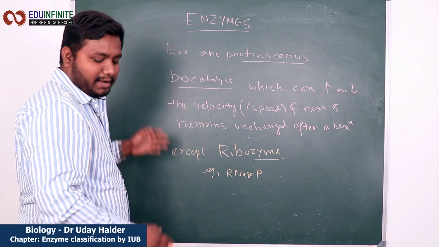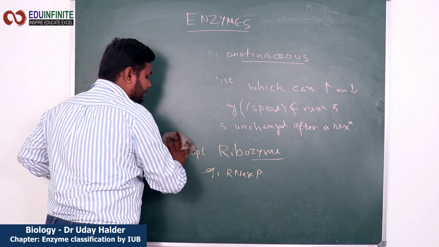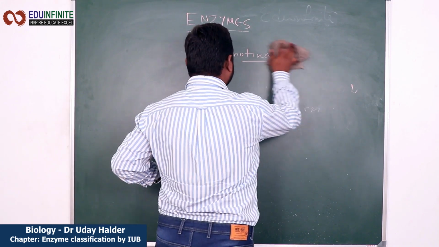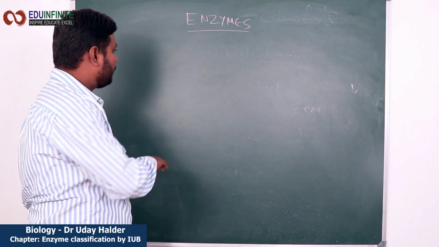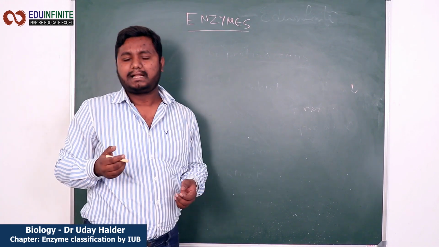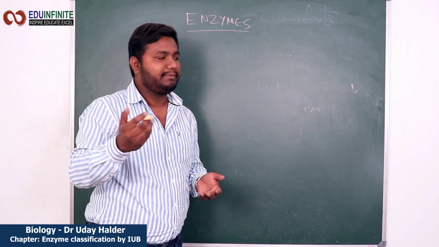So enzymes are biocatalysts. Now you have to know some basic terminologies regarding enzymes like substrate, product. Let's take a reaction actually. Perhaps you have studied this reaction in your digestion chapter in class 10th or 11th standard.